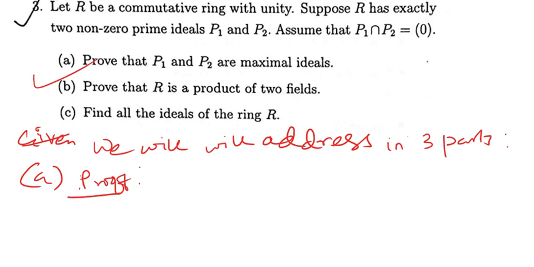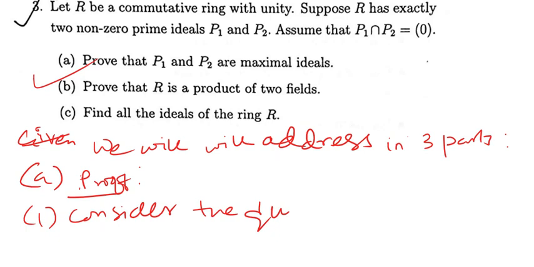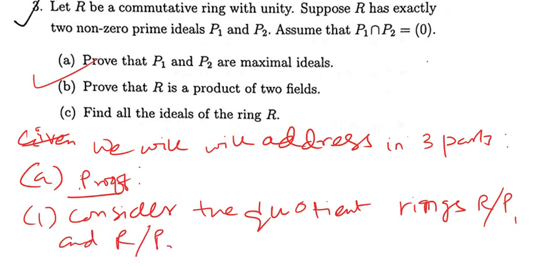To show that P1 and P2 are maximal, we will use the properties of prime ideals and the structure given below. Point number one is, since P1 and P2 are prime ideals and P1 intersection P2 equals 0, we can consider the quotient rings R by P1 and R by P2.